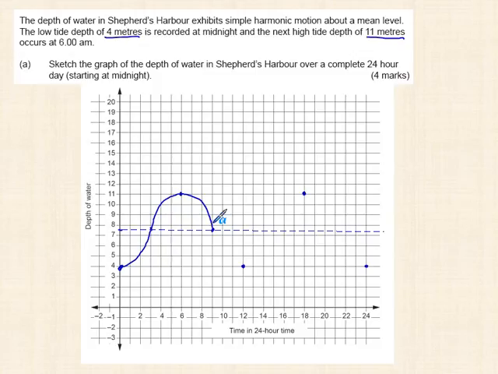So like so, then down to here, 1, 2, 3, we'll go through here, then maximum here, 1, 2, 3, over and down.